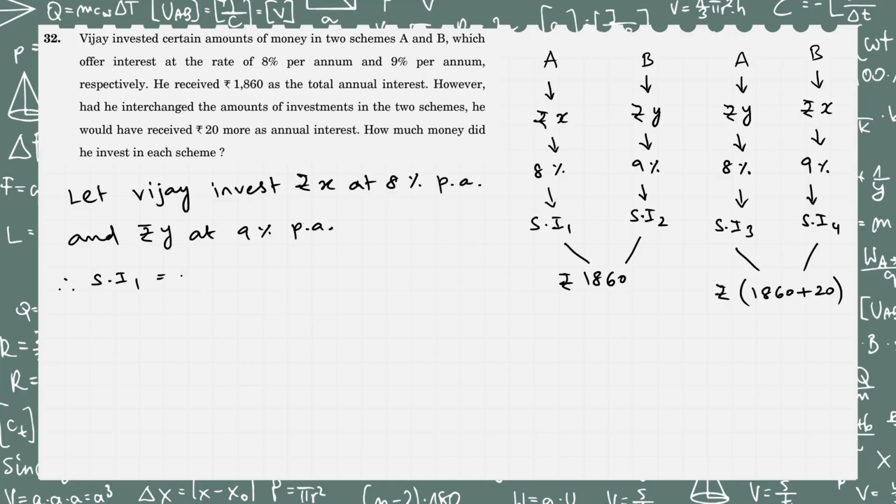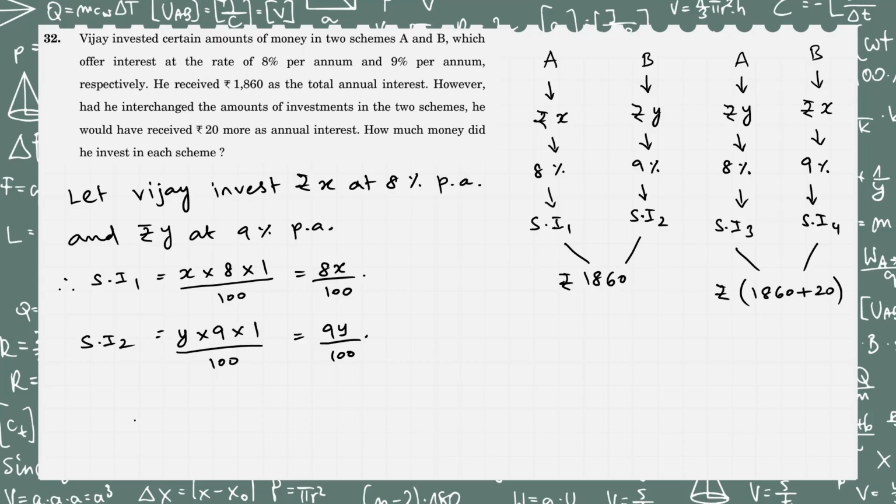So it will be like X into rate percent is 8 into time is just 1 year only, 1 divided by 100, which is 8x by 100. Same way, SI2 will be Y is the money invested and 9% is the rate of interest, and time is 1 year divided by 100, which is 9y by 100.